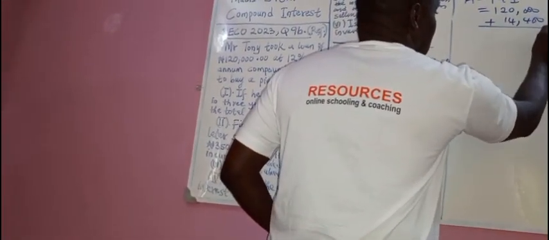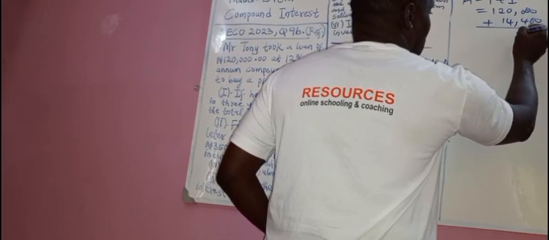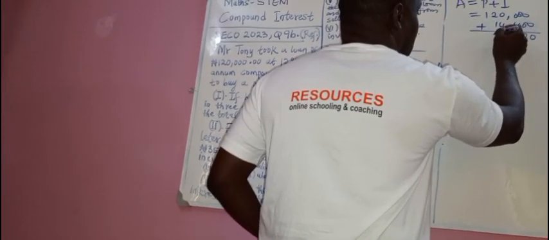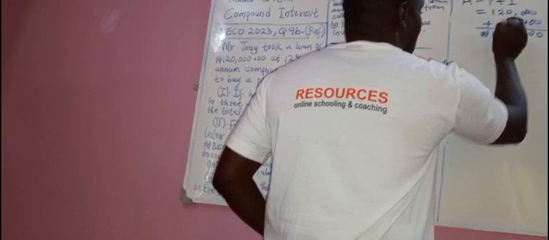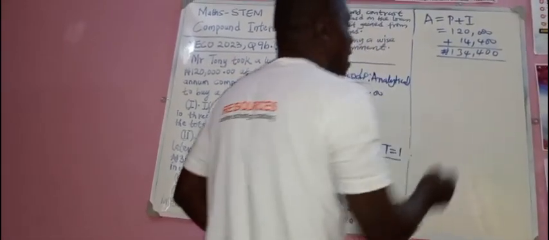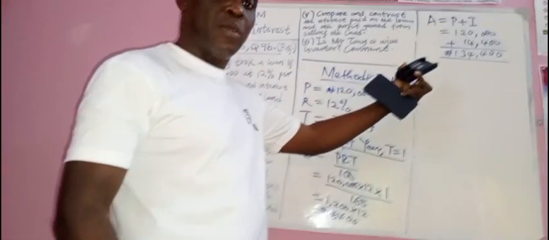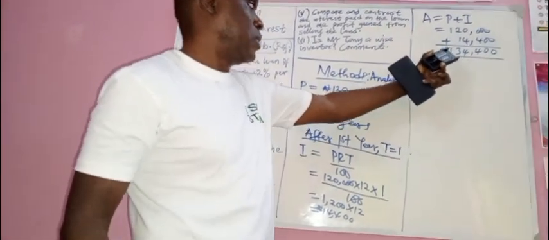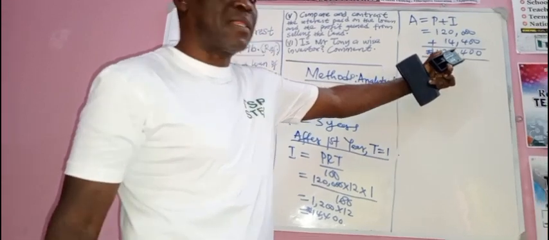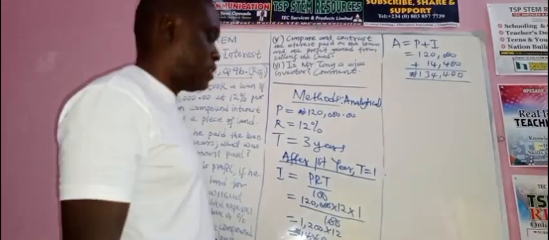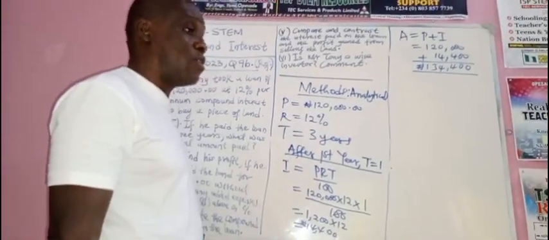So what do you have? 0, 0, this is 4, this is 4, this is 3, this is 1. It becomes, at the end of the first year, we have 134,400.